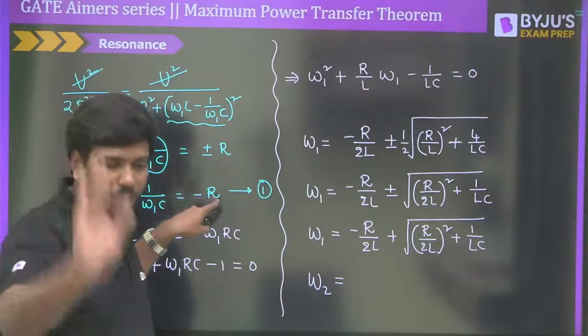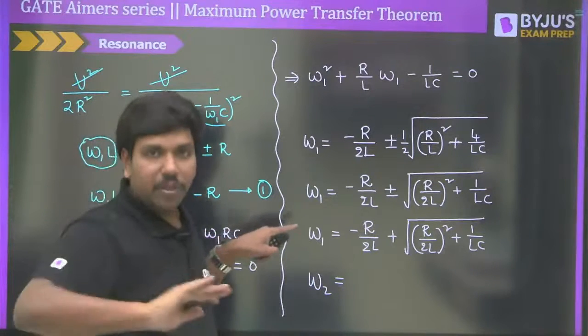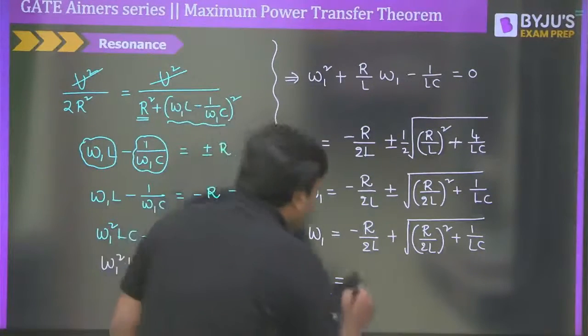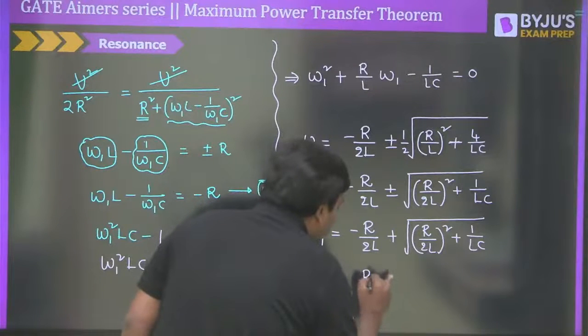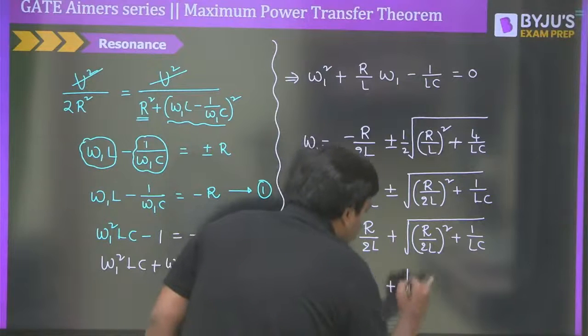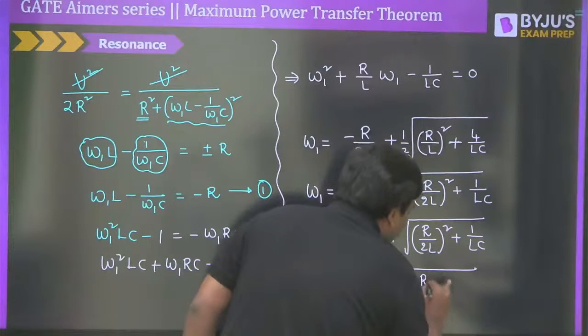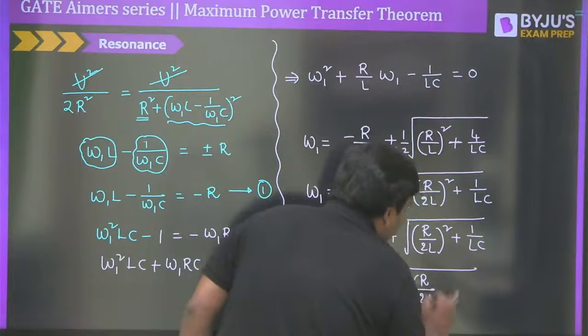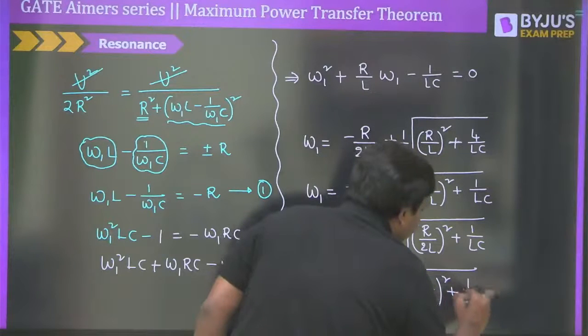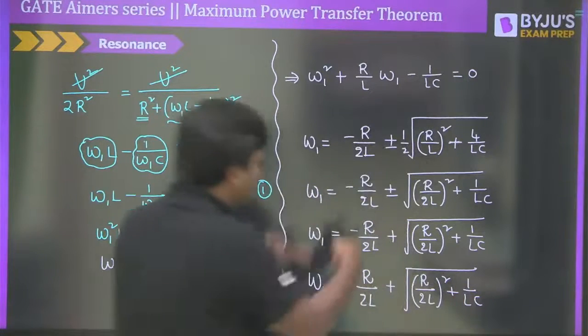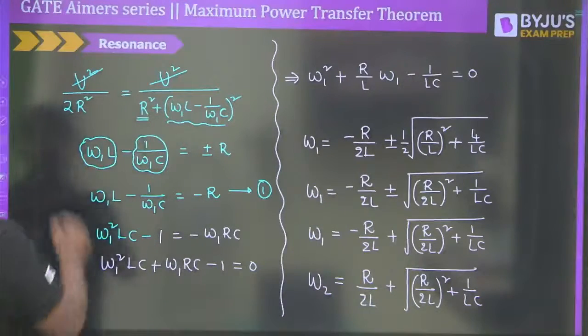That is the only difference. Rest of everything is the same. Therefore, if you calculate omega 2, you will get R by 2L plus under root of R by 2L whole square plus 1 by LC. Clear? So these two frequencies are called half powered frequencies.